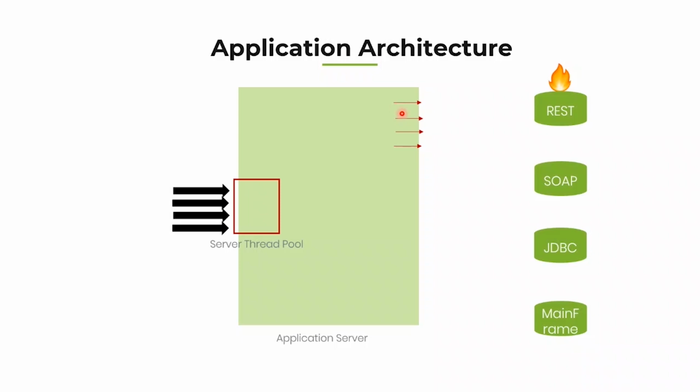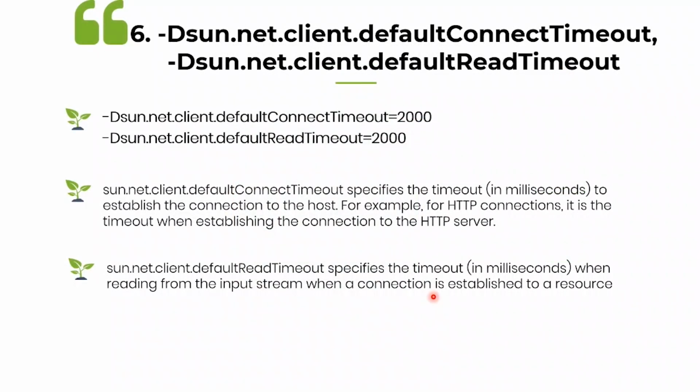But we don't know whether timeouts are set for all the different types of systems of record you are connecting to. JDBC has a separate connection pool, and the mainframe has a separate connection pool. Are proper timeouts set for each different pool? We don't know that.